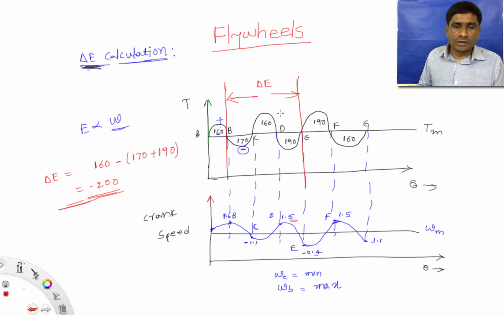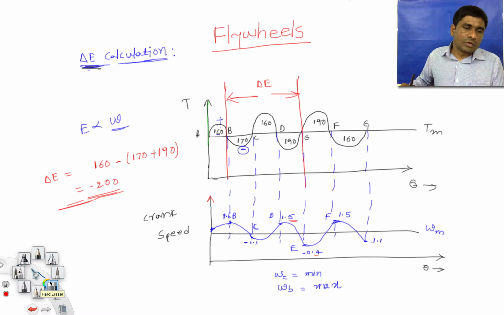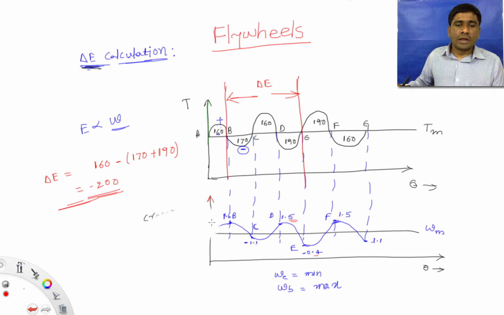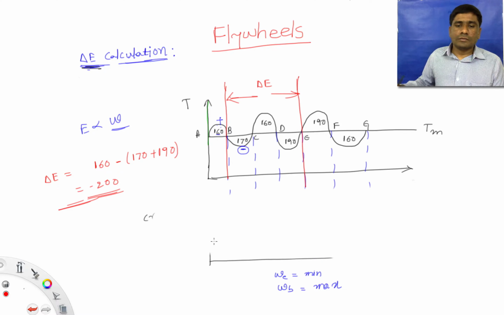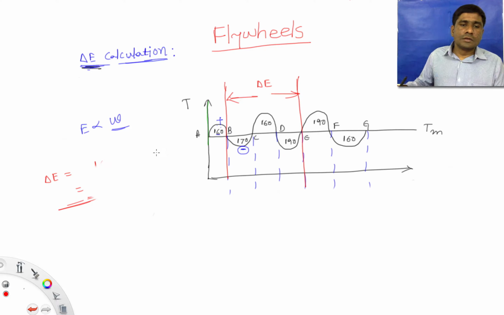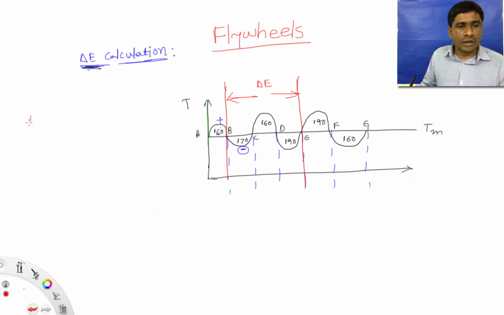This takes a little bit of time. So what we can do instead of drawing this crank speed diagram is, since energy is proportional to omega square, we can consider the energy at A as a random value, for example E.